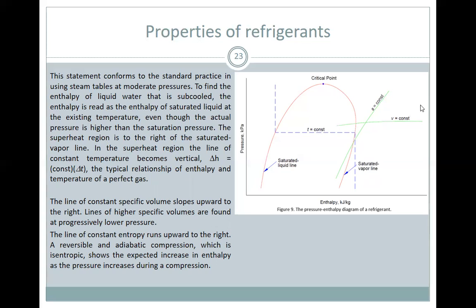Lines of higher specific volumes are found at progressively lower pressure. The lines of constant entropy run upward to the right, are reversible adiabatic compression, which is asymptotic, shows the expected increase in enthalpy as the pressure increases during the compression.